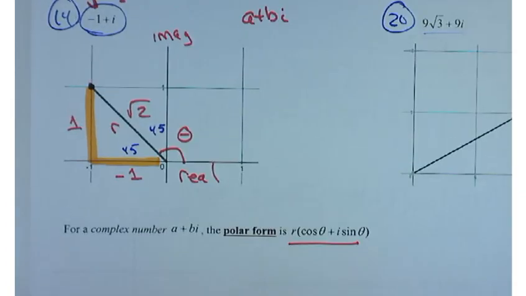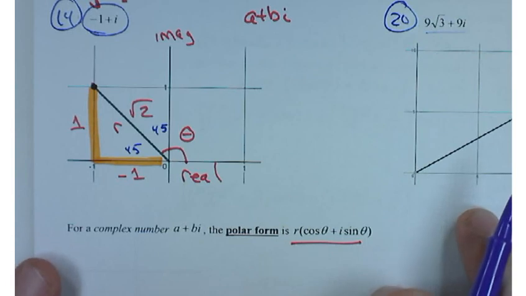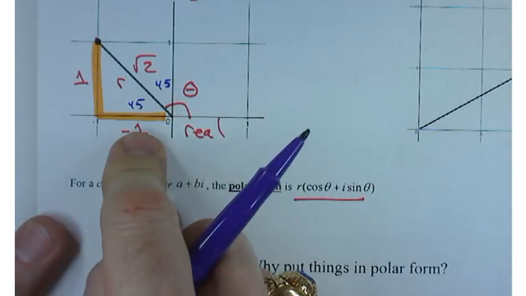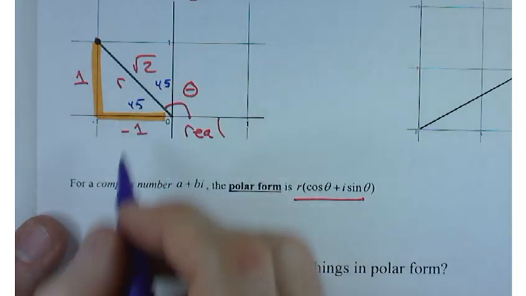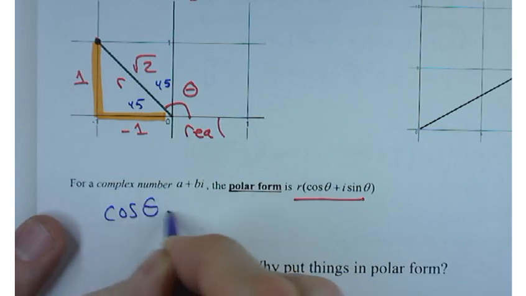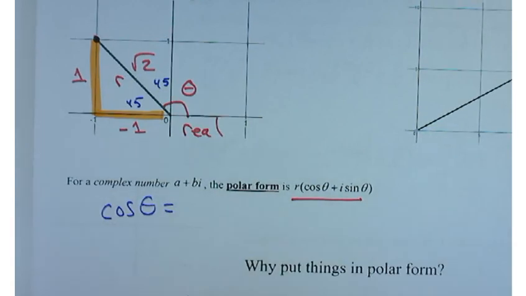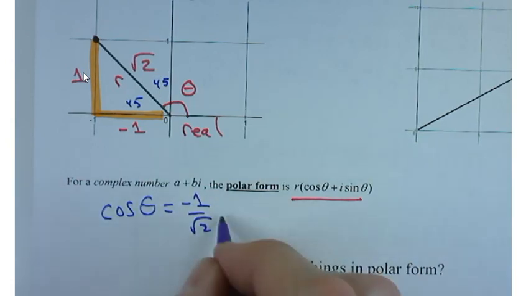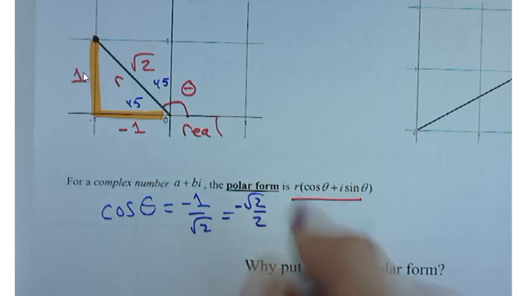Now, if you're not comfortable with that, one good way to do this would be the cosine. What's the cosine of theta? All right, -1 over the square root of 2, which is -√2 over 2.